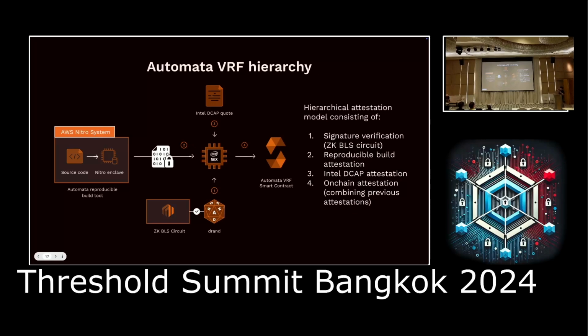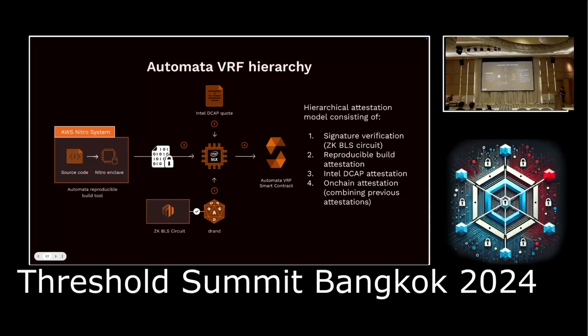We introduce a reproducible build attestation to ensure the source code matches and the binary matches, because we need a mechanism to ensure the source code matches the final binary, and we also need to consider that the input configuration is matched as well. So that's the second one.